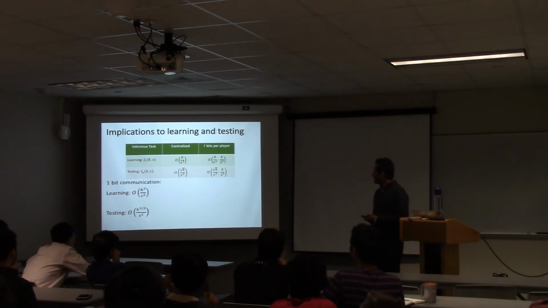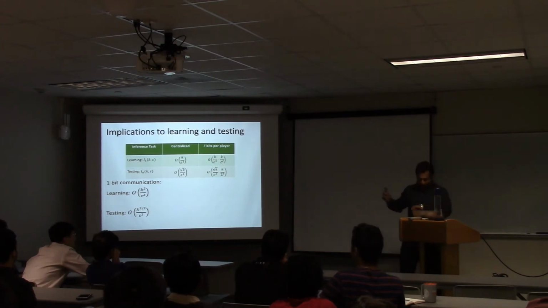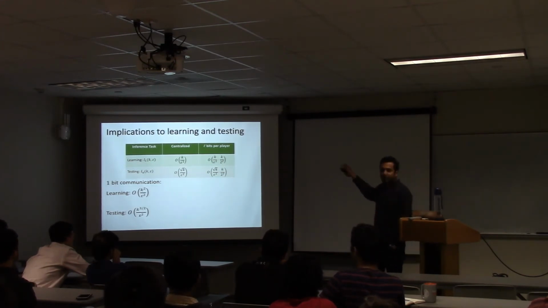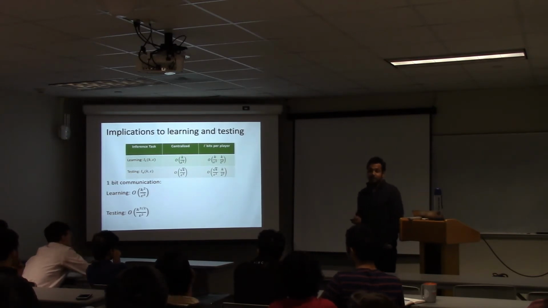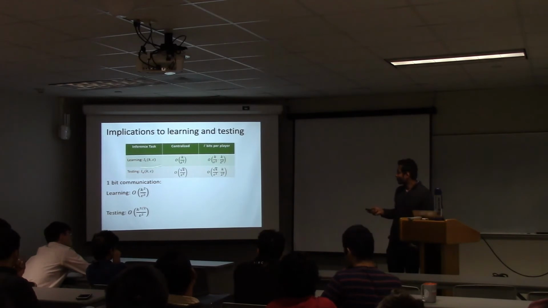Okay. So this suddenly becomes too easy, right? Let's look at this table, because we'll try to fill in this table better and better as we keep going. We'll consider only two tasks: one is learning, one is testing for uniform distribution. These are the sample complexities in the centralized setting, k over epsilon square and square root k over epsilon square.